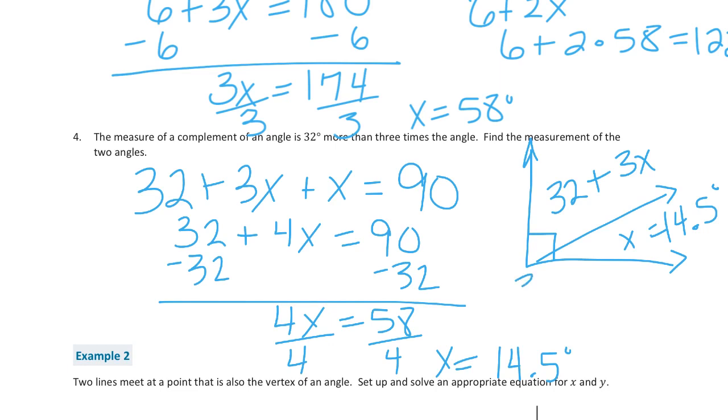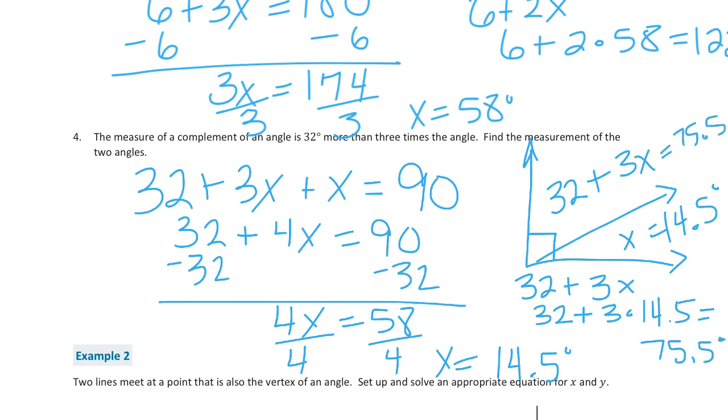So the other one, 32 plus 3 times x. So 32 plus 3 times 14 5/10. So I'd use my calculator at that point to get my total, and it is 75 5/10. So 75 5/10 degrees. And then I could check by adding that to 14 5/10 and making sure that we get 90.